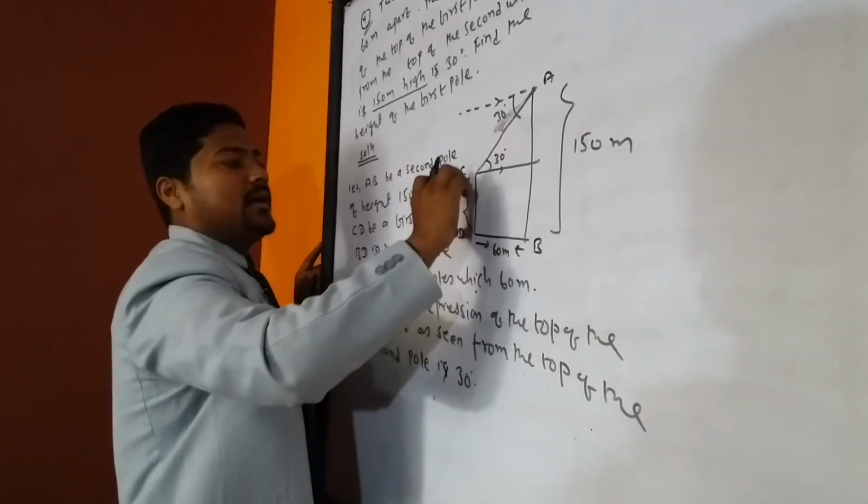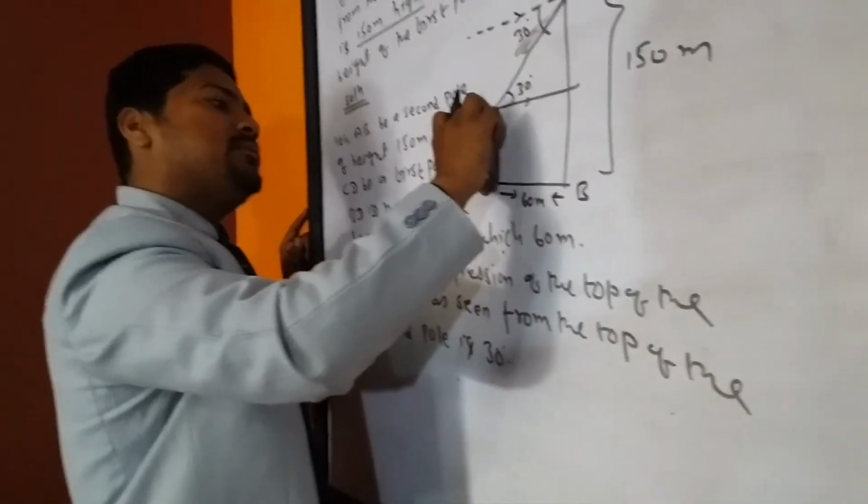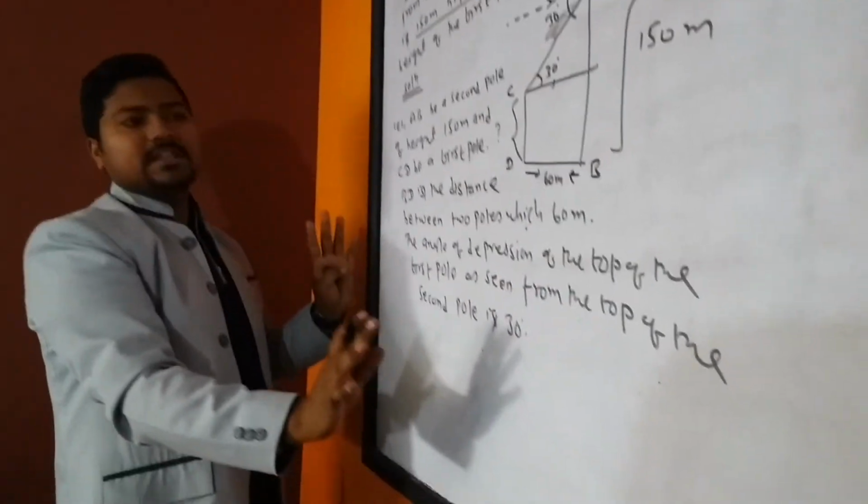Now we have to find the height of this first pole. So the angle of depression is 30 degrees given. This much language is enough.